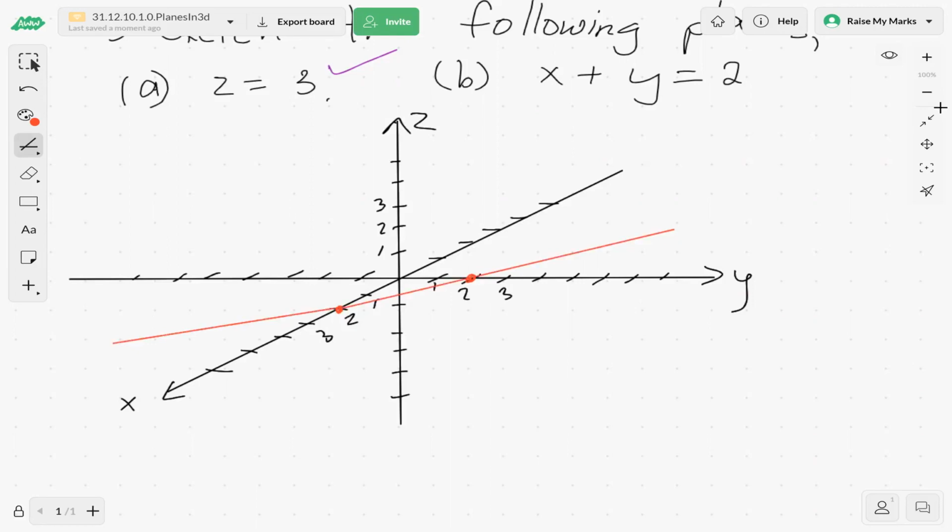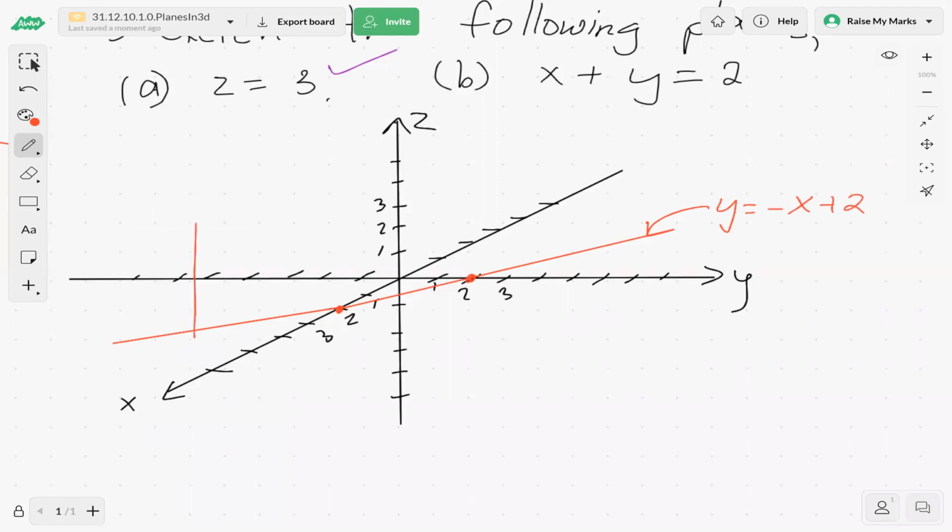This is a plane, and it goes through this line, y equals negative x plus 2. But it never intersects the z-axis.